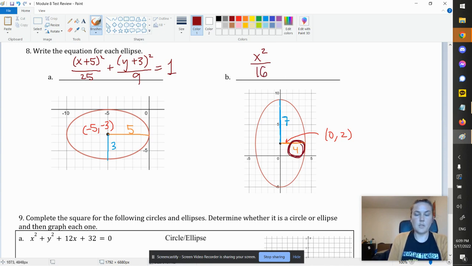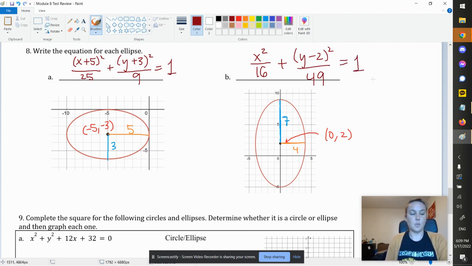This tells me that there's a 16 below the x squared, plus y minus 2 from this part of the center, divided by 49 from 7 squared. It's an ellipse, so it equals 1. Nice.